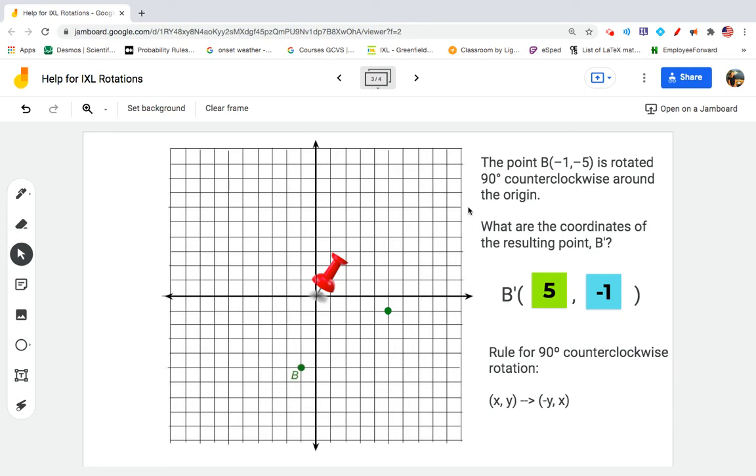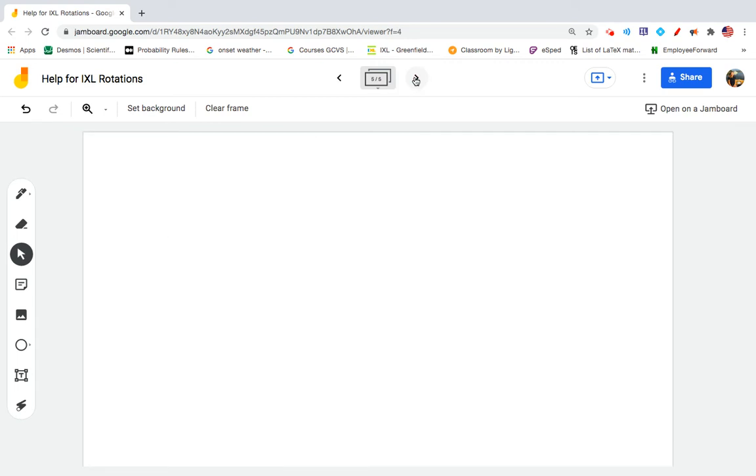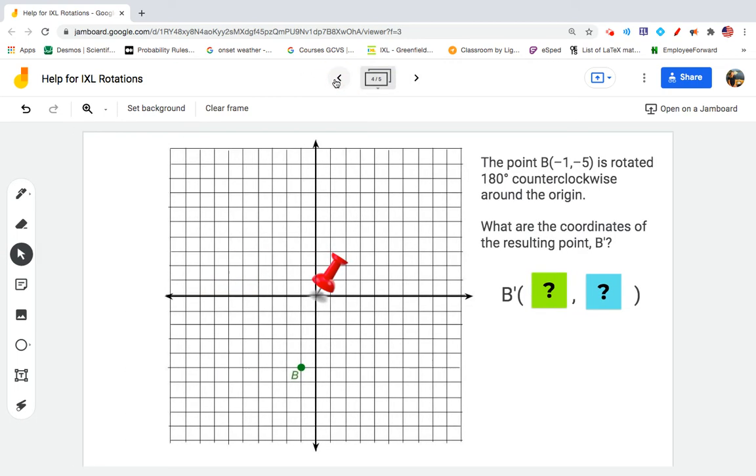And we'll do one more. Same point B with coordinates -1, -5, and we're going to go 180 degrees. Now it says counterclockwise, but I have a feeling 180 degrees, it doesn't matter if you go clockwise or counterclockwise, and we'll prove that, okay? But let's see what happens when I spin this 180 degrees counterclockwise around the origin.